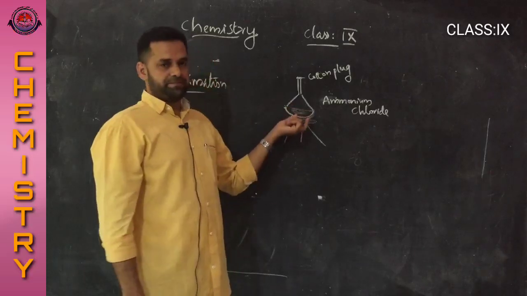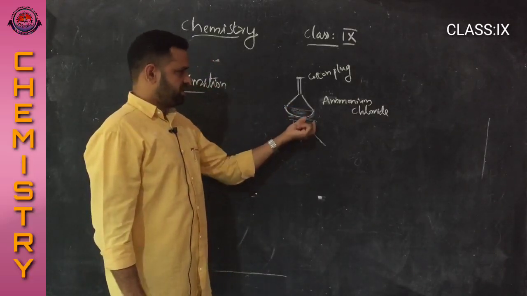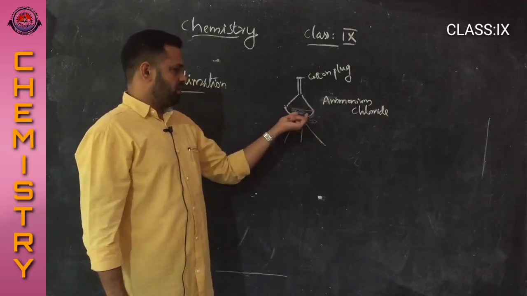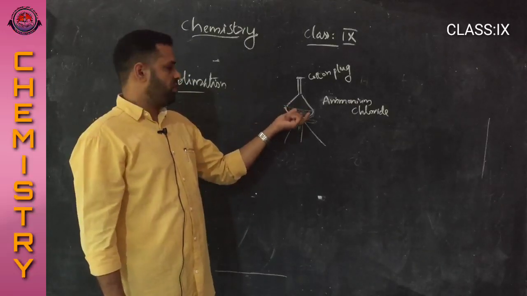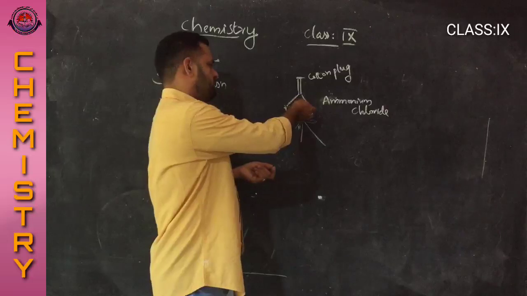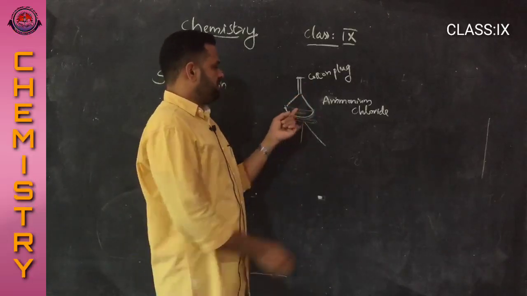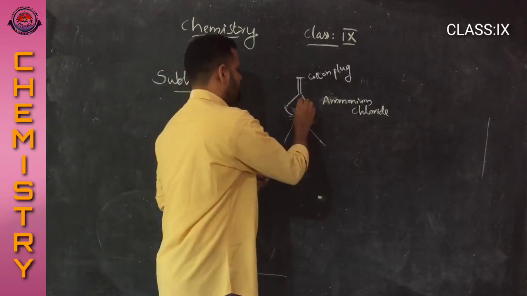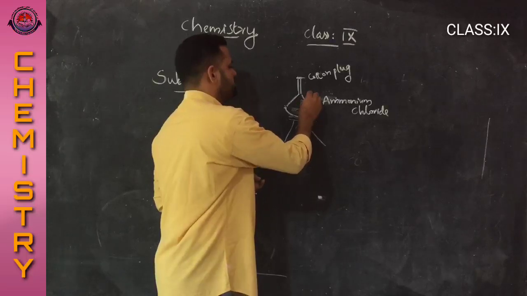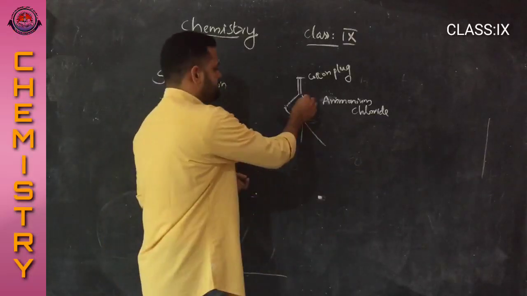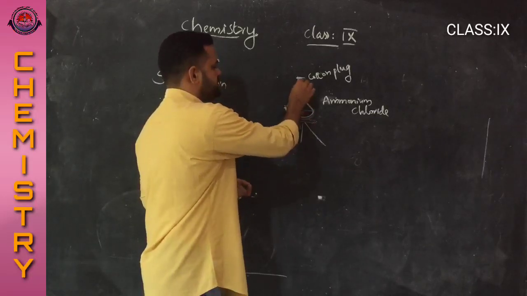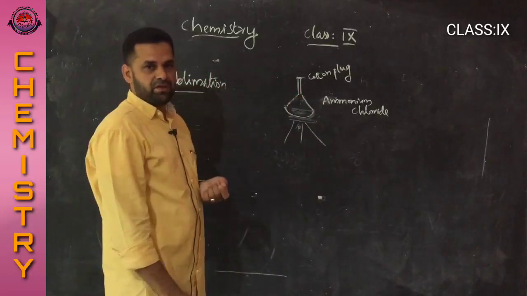So when you are heating ammonium chloride, it evaporates, or it sublimes. It directly changes into gas state, and the vapour sticks on the sides of the funnel.